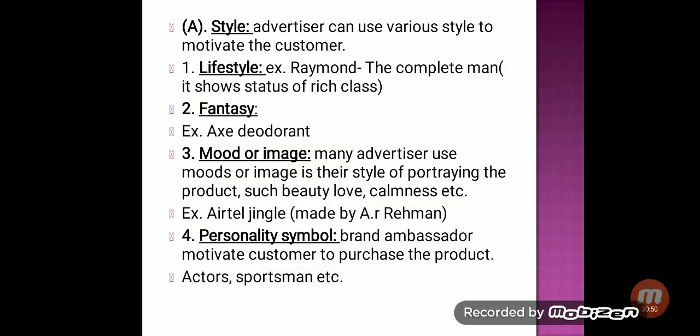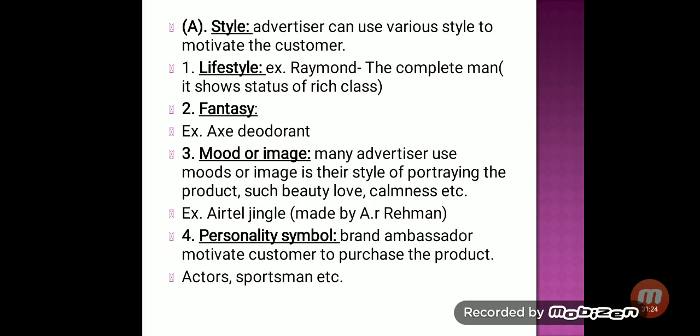Second one is fantasy. Say for example X deodorant. So it creates a fantasy, means it creates imaginary or magical things. Third one is mood or image. Many advertisers use moods or image in their style of portraying the product, such as beauty, love, calmness, etc. So for example, Airtel jingle made by A.R. Rahman.